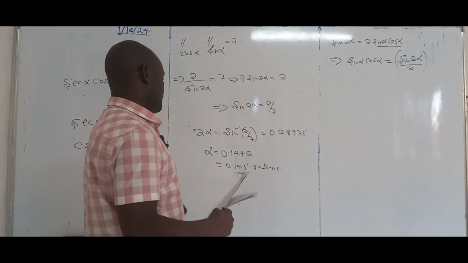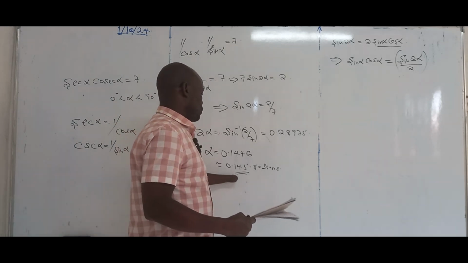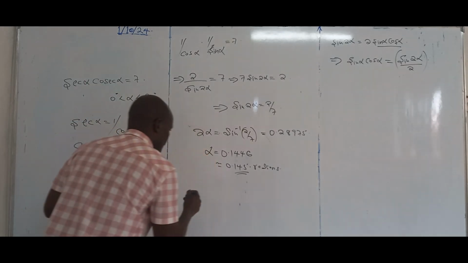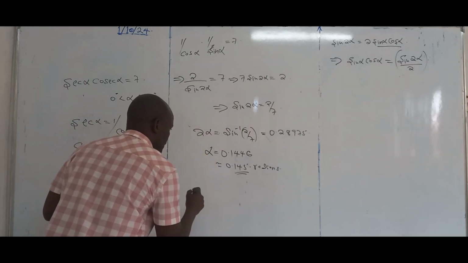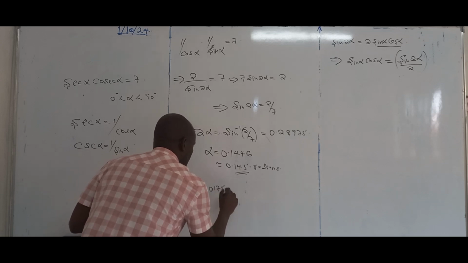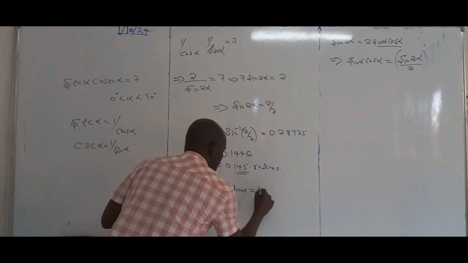This we can convert radians into degrees, because we know that 0.0175 radians is equal to 1 degree.